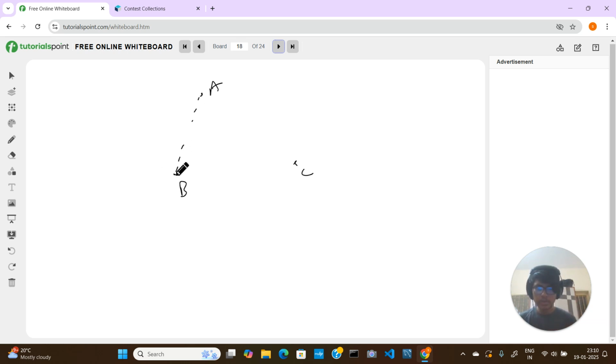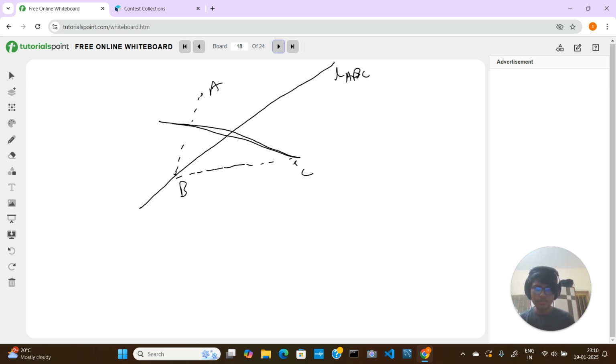So given 3 points A, B, and C, what we can do is construct the interior bisector of angle ABC and the interior bisector of angle ACB. They meet at some point I, which is basically the incenter of triangle ABC. Now the lines AB, BC, CA are not given, so we don't know how to get the excenter of triangle ABC.